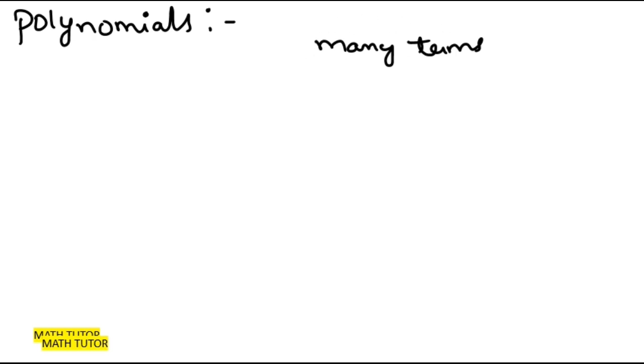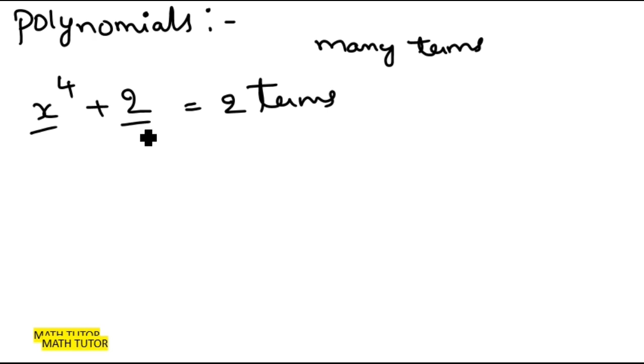That is what is called a polynomial. Suppose I have an expression x⁴ + 2. How many terms are there? 2 terms. When there are 2 terms in an expression, it is called a binomial.